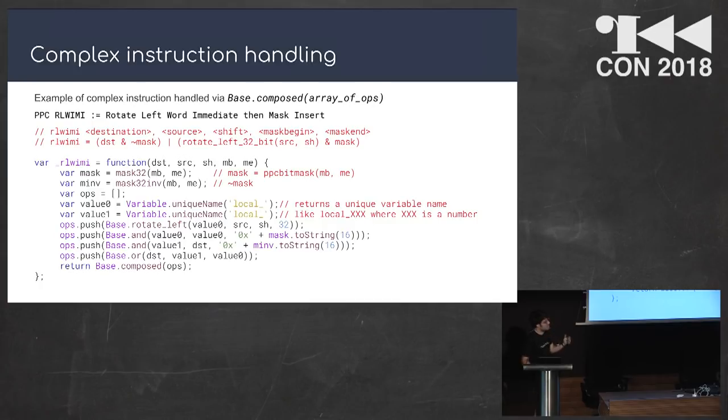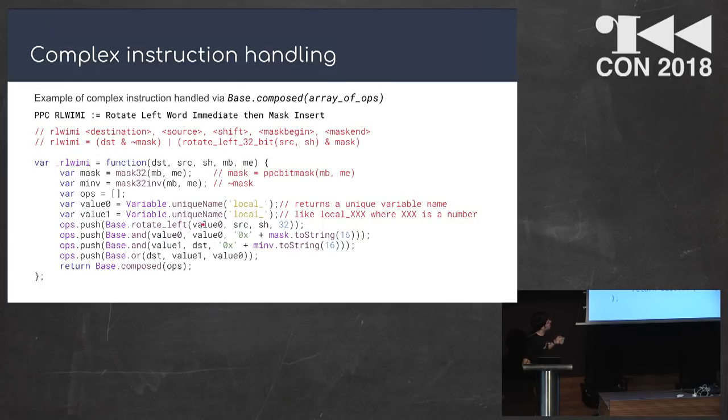So how to define this in r2dec? You use the base composed object. You define an array of base objects. For example, in this case, you have the rotate left as the first instruction that will be evaluated.